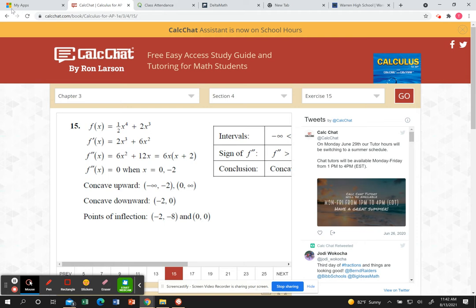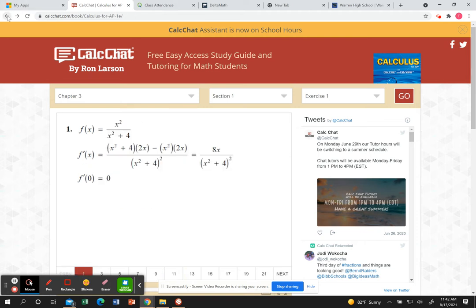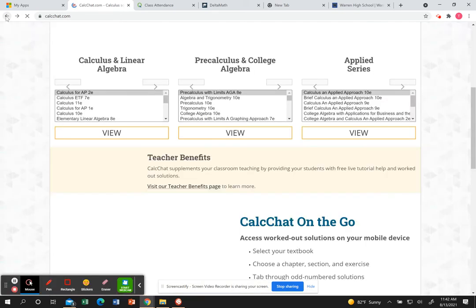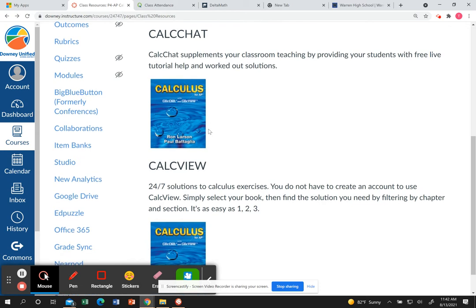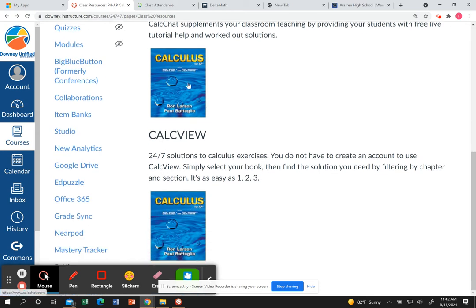The second icon says Calc View. Let's say that you're working on the question, you look through the solution, you still don't understand it, but some of your questions out of your homework will be highlighted in red.